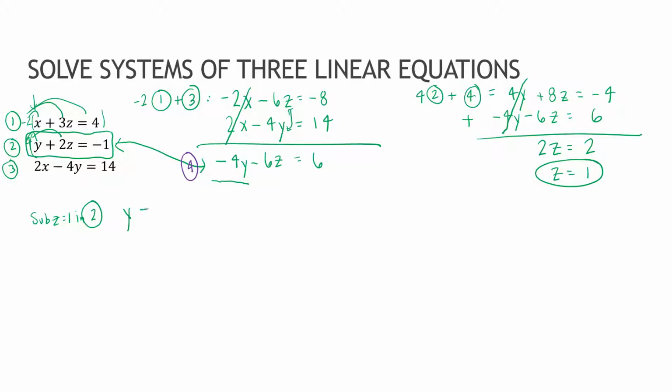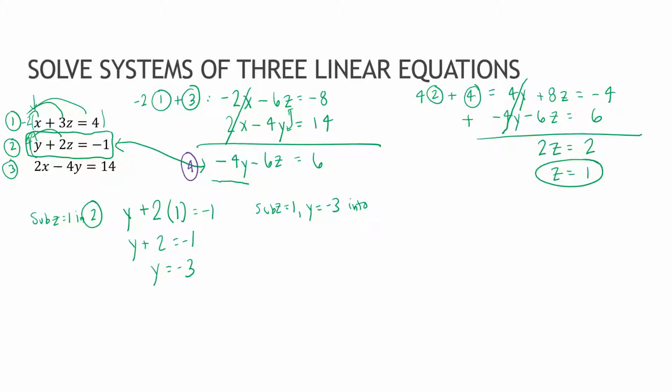So that's y plus 2 times z is now 1. Oops, got confused with my 2's and my z's. Y plus 2z equals negative 1. Y plus 2 equals negative 1. Y equals negative 3.